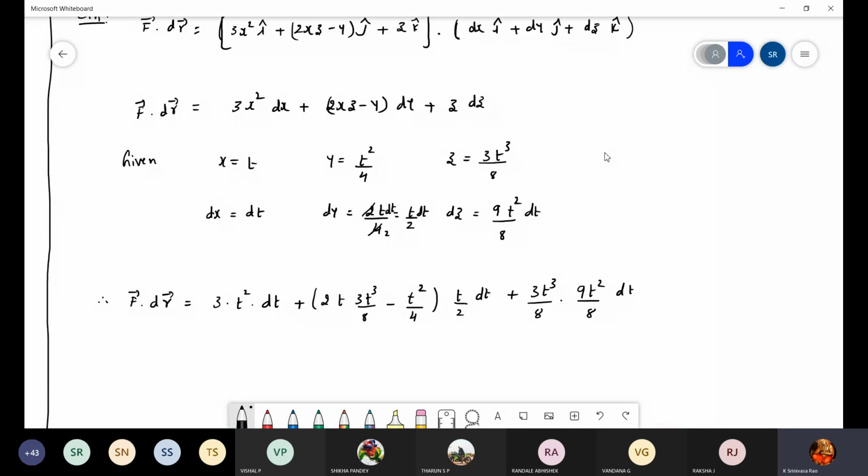So complicated terms will come. You have to simplify.